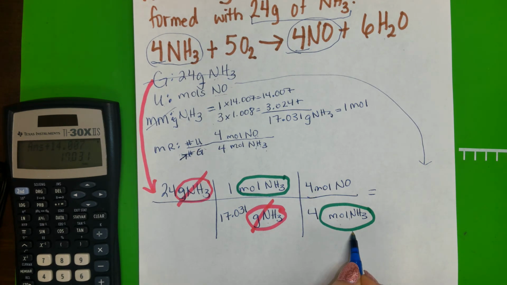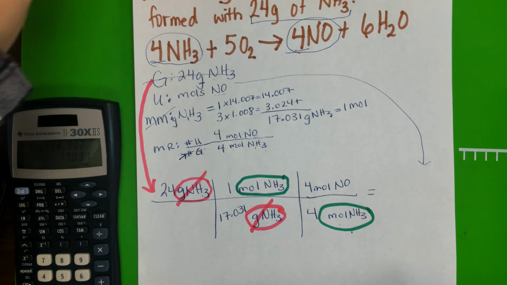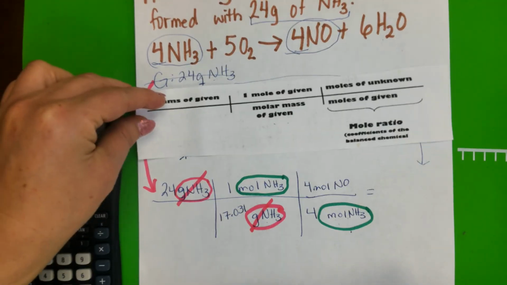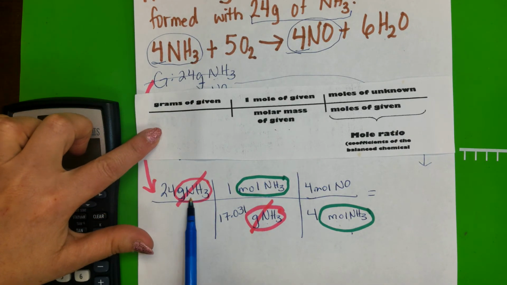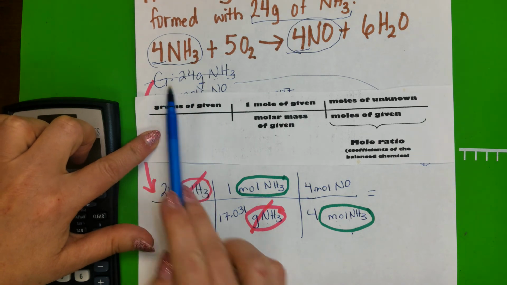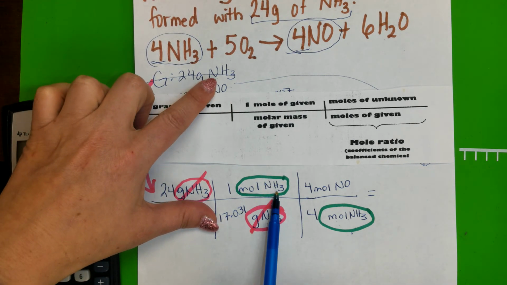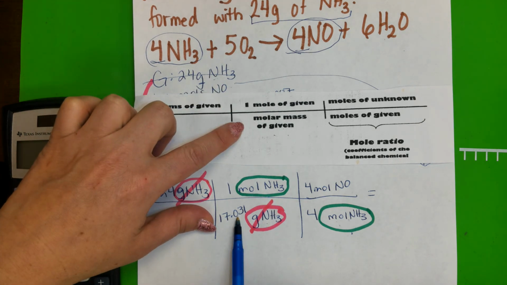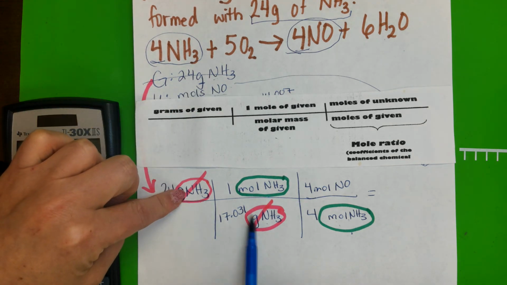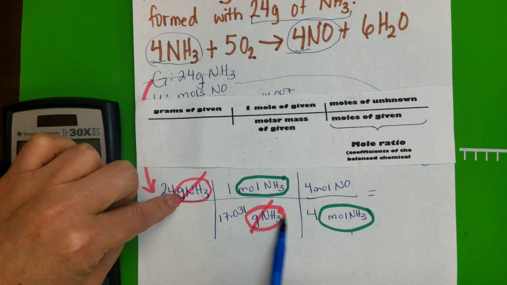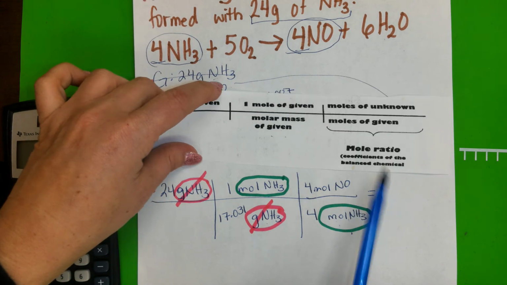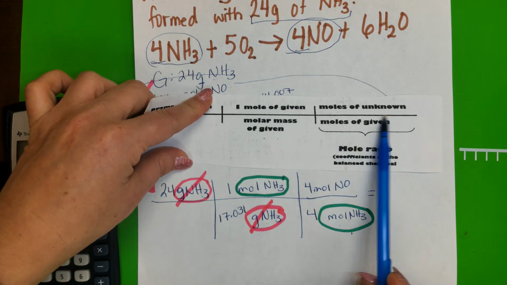Okay, so now one way to check your answer, just to be sure, is I give you these. So this is grams of my given, right? Because that's grams of the given. 1 mole is on the top, and that's the given because it's NH3. Molar mass of the given, because NH3 is the grams of NH3. And then the next one is the moles of unknown.